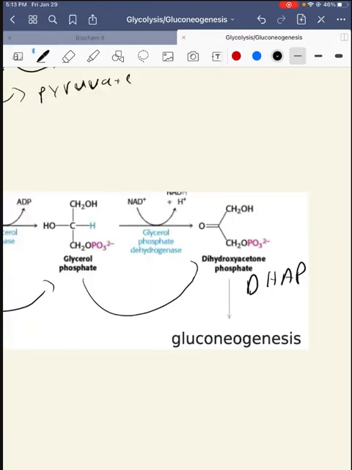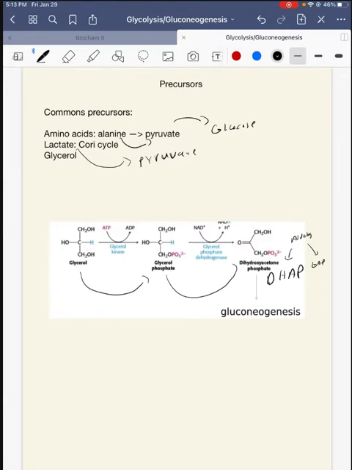So remember, aldolase is the enzyme that helps split fructose 1,6-bisphosphate into DAP and GAP. And then DAP can continue and regenerate glucose. Okay, so these are different precursors that we can use to start gluconeogenesis.